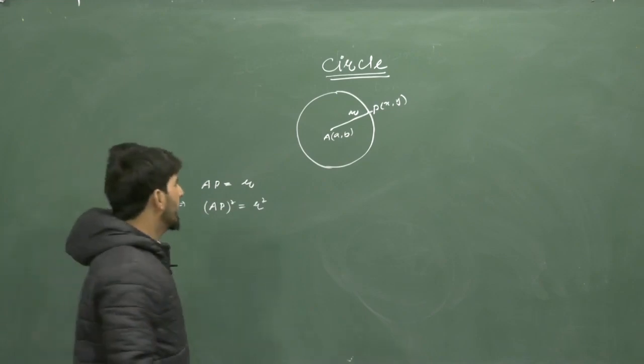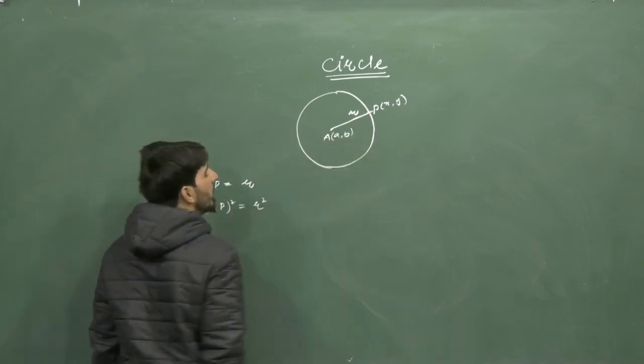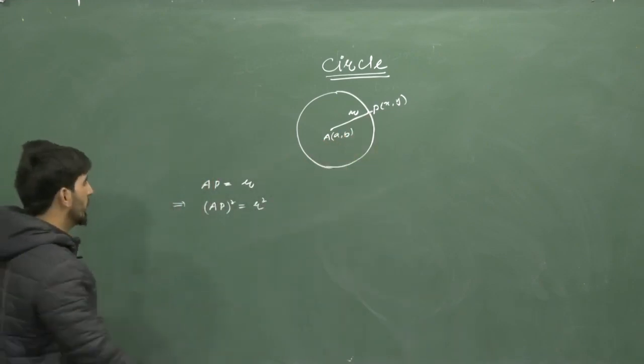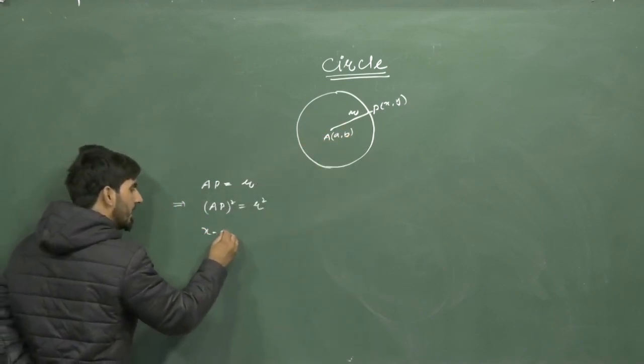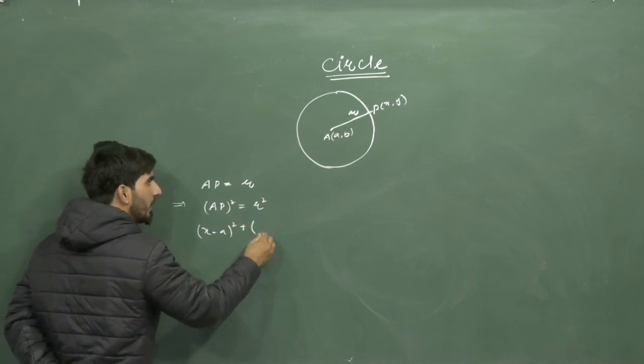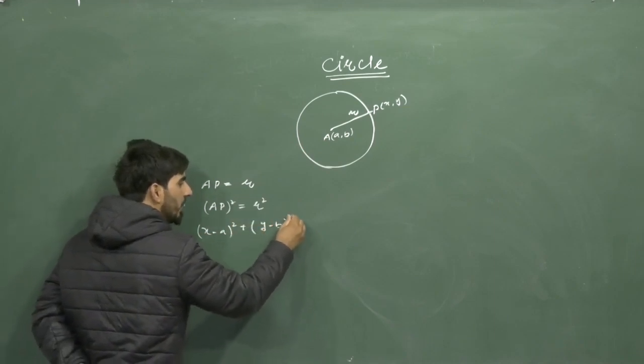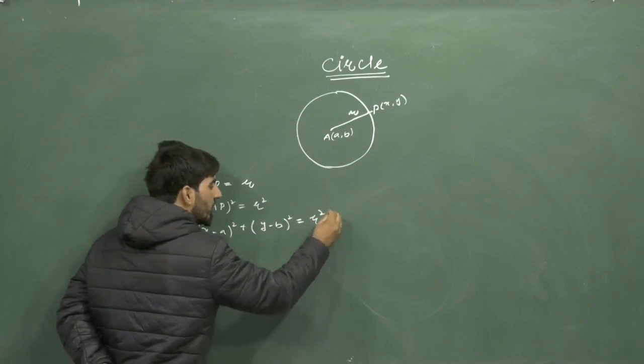As we know that AP is the distance between P and A, so using distance formula, AP square will be x minus A whole square plus y minus B whole square is equal to R square.